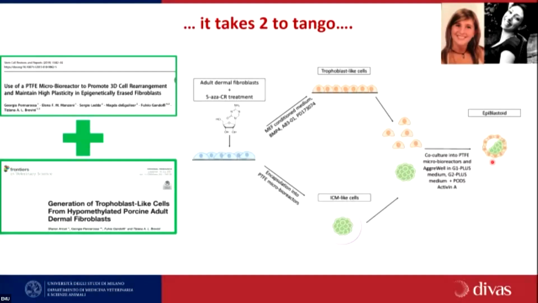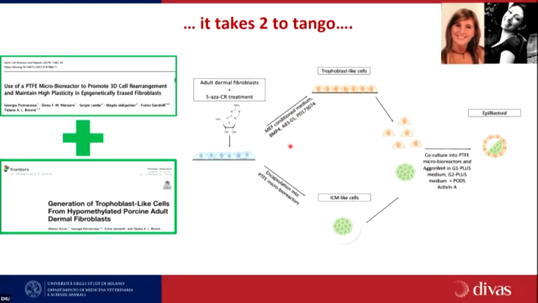So that would be a very advantageous way to study certain mechanisms taking place in the early embryo, of course, bypassing the ethical problems that we would encounter by using real embryos.